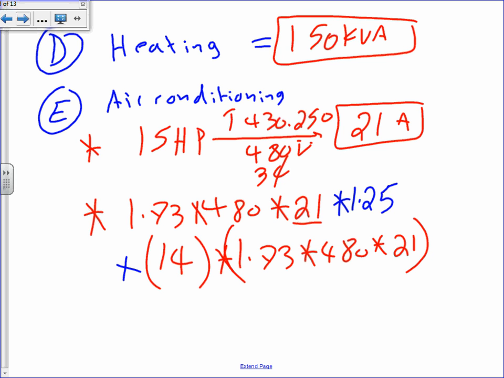Shall we do it in 2 steps? Let's do it in 2 steps. So the first one gives me 21.8K. How about the second one? 244. Okay, right?